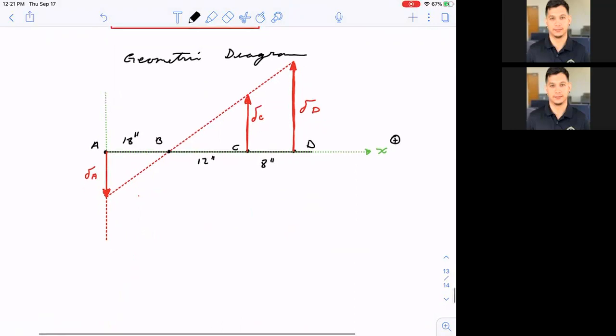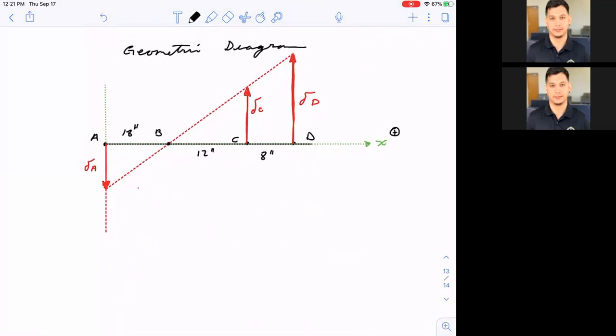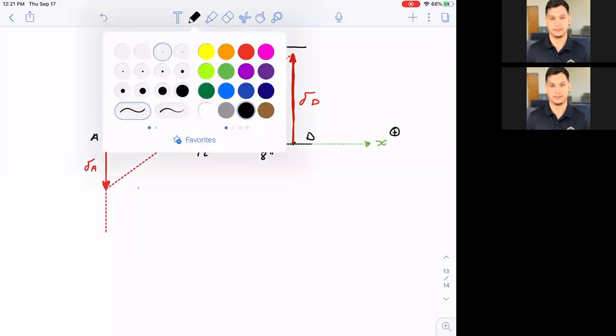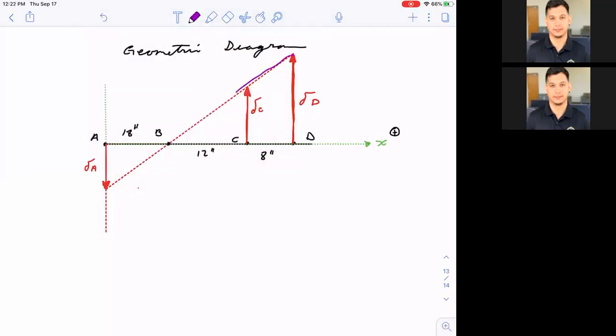So using similar triangles for C and D, meaning we are going to use this triangle right here. Well, that didn't make a triangle, but you get the point. It's this triangle right here, along with this triangle.